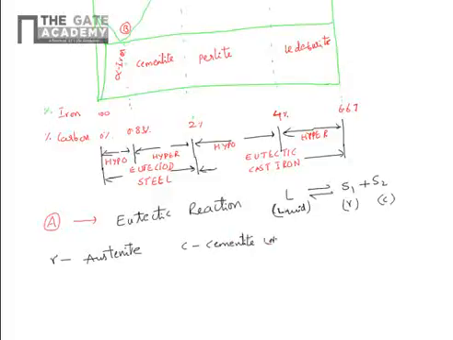Cementite, or iron carbide, Fe3C. Next, alpha is ferrite.